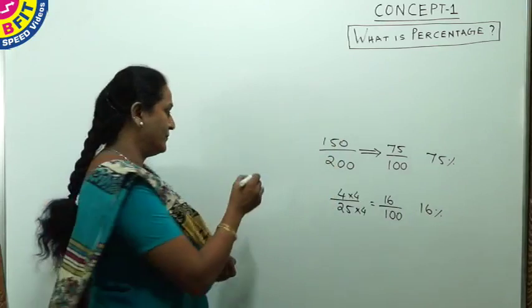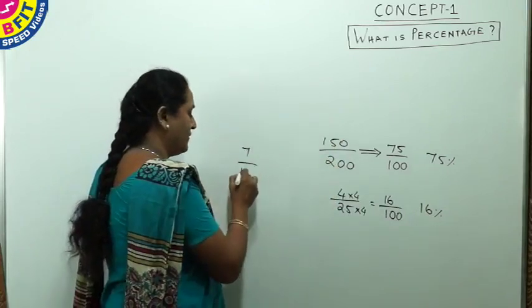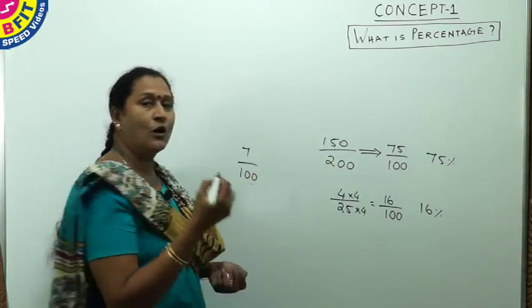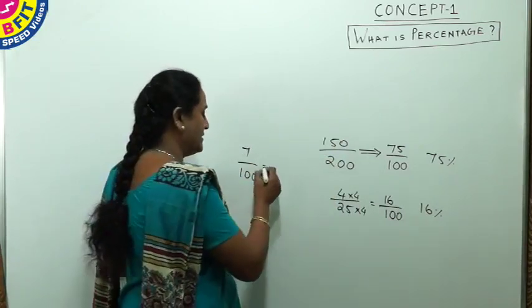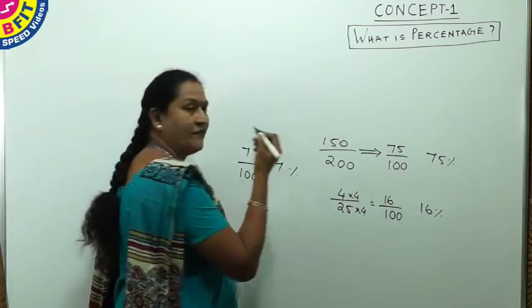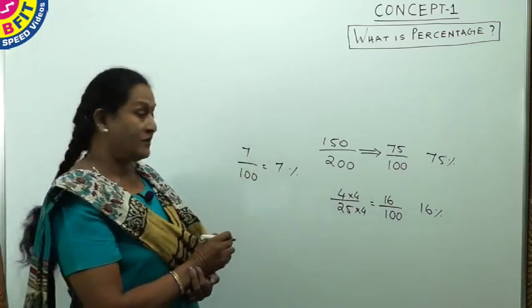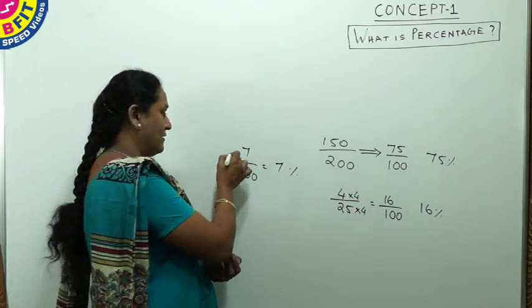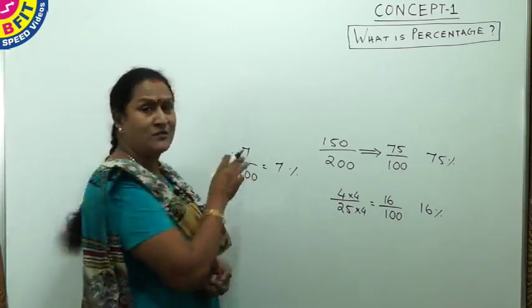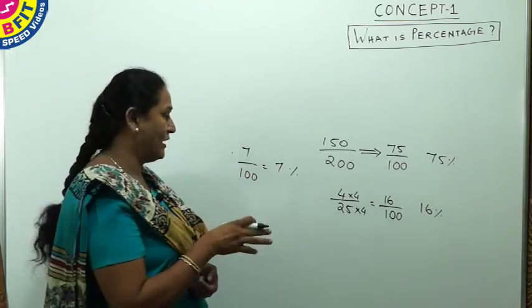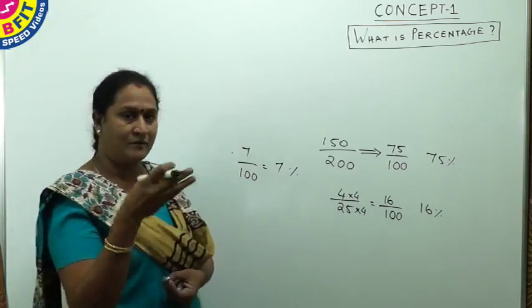If suppose it is 7 for 100, what will be the percentage? For 100 it is 7, so the percentage is 7%. If it is, say, 0.7, now what will be the percentage? Seeing this 0.7, many go wrong, writing 70 or 7 by 10.